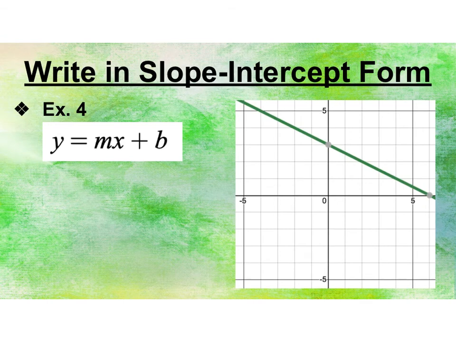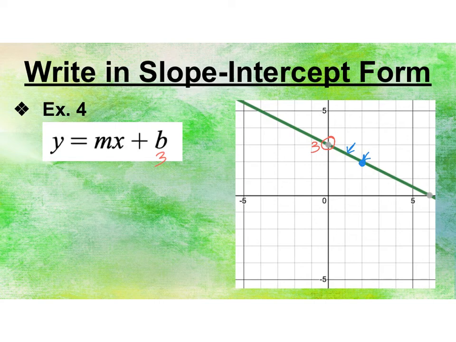In example 4, we're going to now try to write the equation in slope-intercept form. So remember, y equals mx plus b. When I look at my graph, my y-intercept is here, it's 3, so that means b is 3. When I try to figure out my slope, I want to find another good point, not one like this, because I'm not sure if that's a fraction, but this one looks like it's actually a point on the line, and it's on the grid.